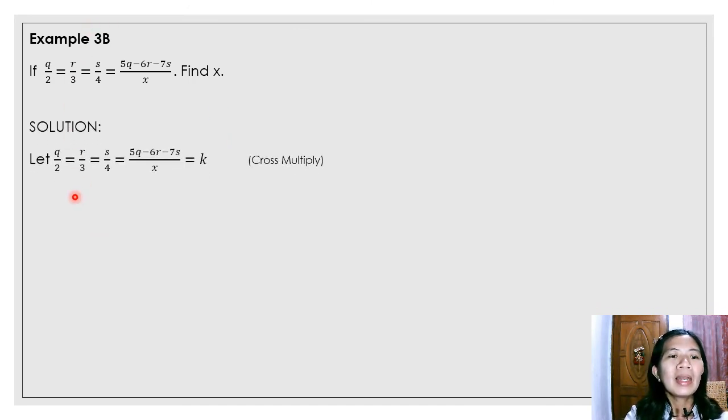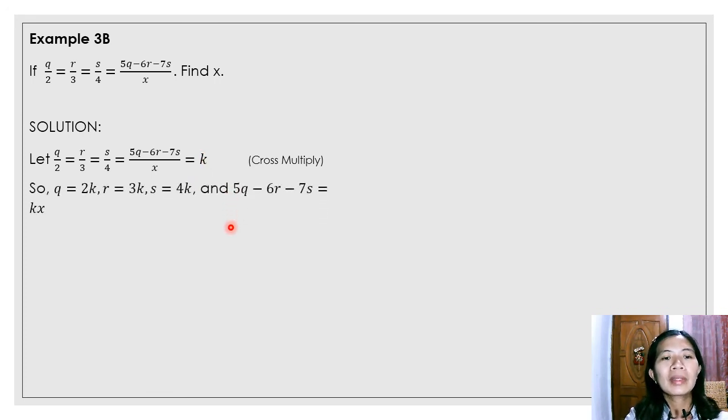So let q over 2 equal r over 3 equal s over 4 equal 5q minus 6r minus 7s all over x equal k. Remember, k is the constant of proportionality. So we are going to cross multiply.